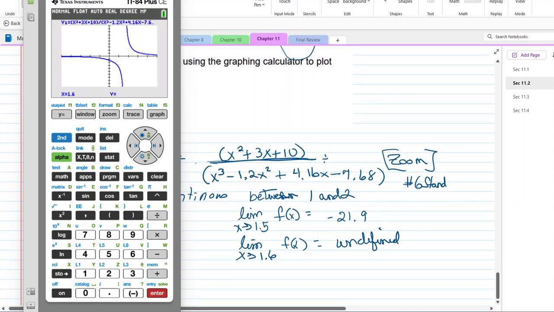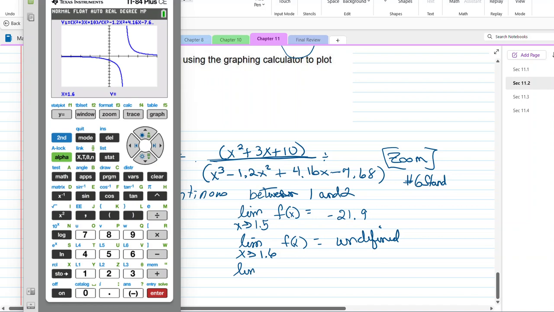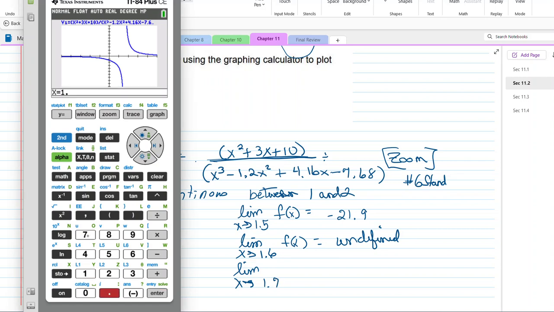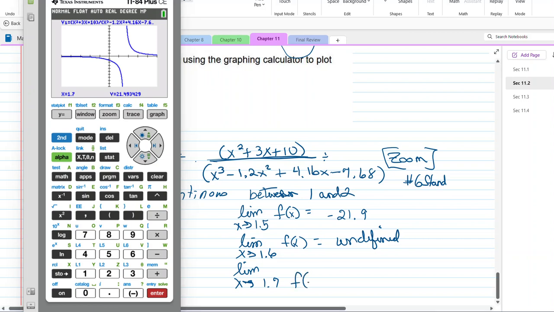So I'm going to do the other side. Limit as x approaches 1.7, and I get a positive 21.5.